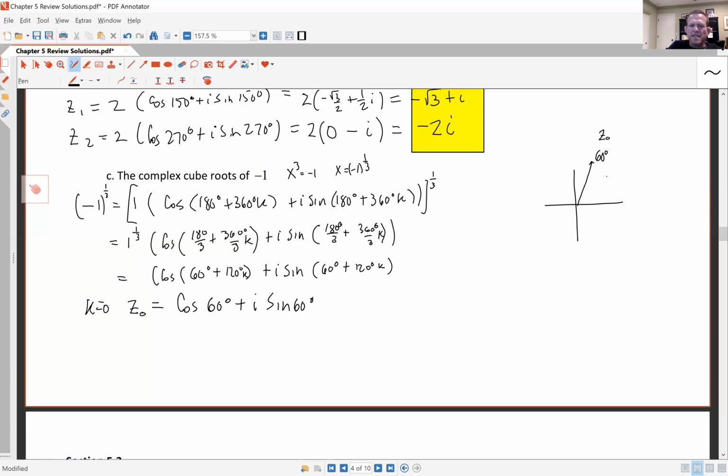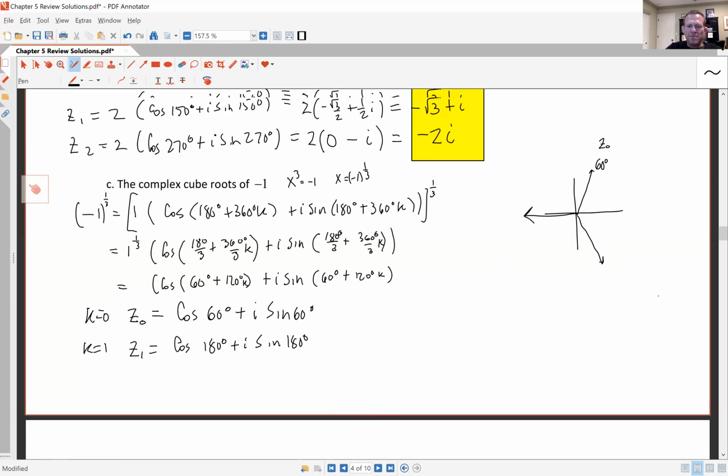And the second one's 60 plus 120, which is 180. So z1 is cosine of 180 plus i sine of 180. And then 180 plus 120 is 300 degrees. And now we've got everything split by 120.